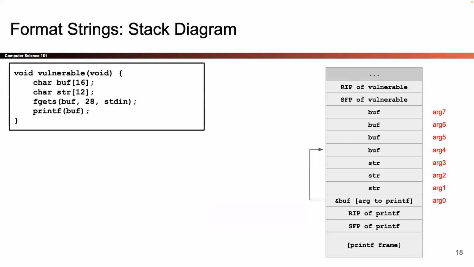Now, this printf didn't actually pass in any arguments, so none of these actually are arguments to printf except the 0th argument. But if printf saw a %d and wanted to go on the stack to find the buddy to match up with the %d, this is where I would find them.